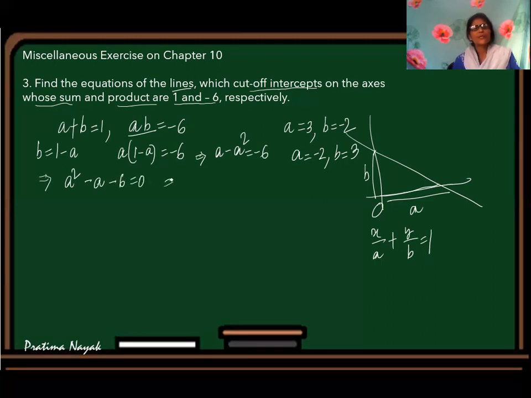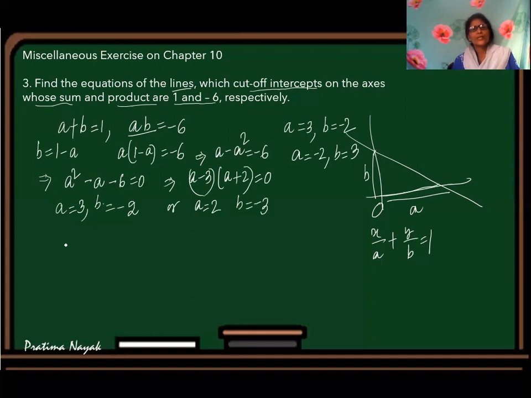So this gives me A minus 3 into A plus 2 is 0. So A is 3, B is minus 2, or A is minus 2, B is 3.